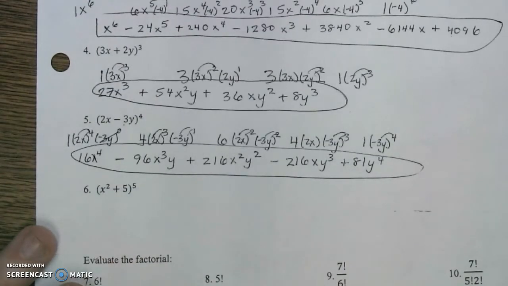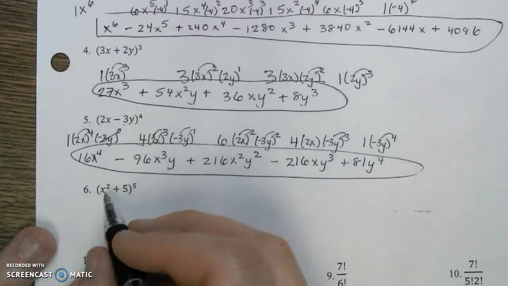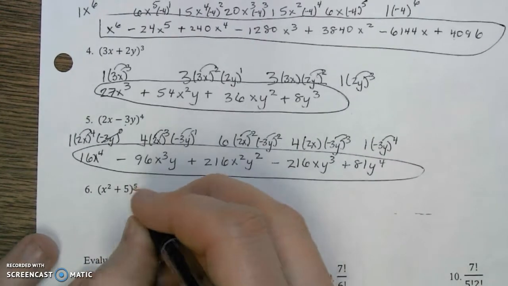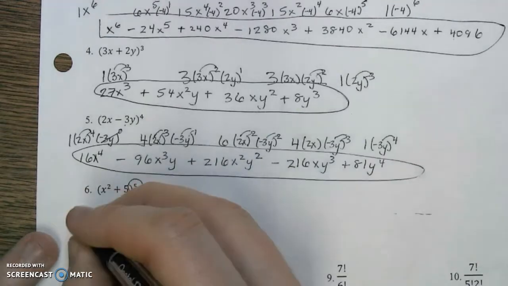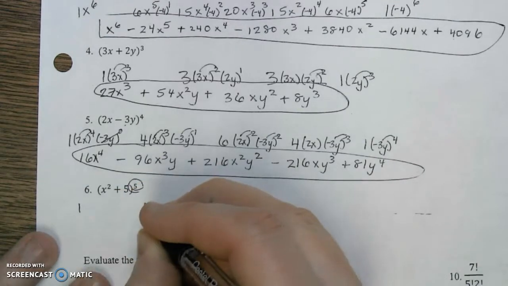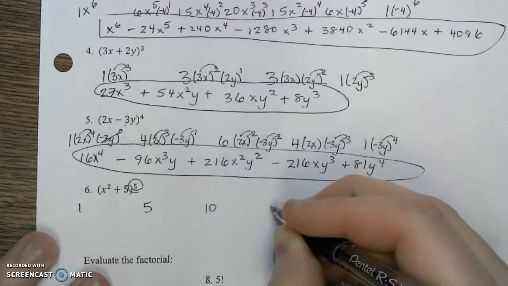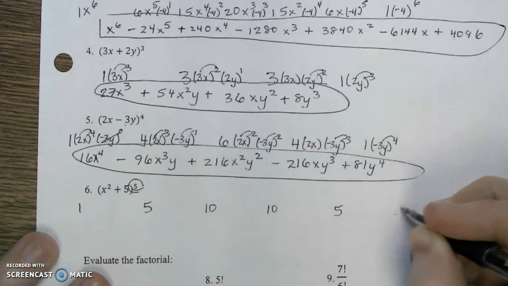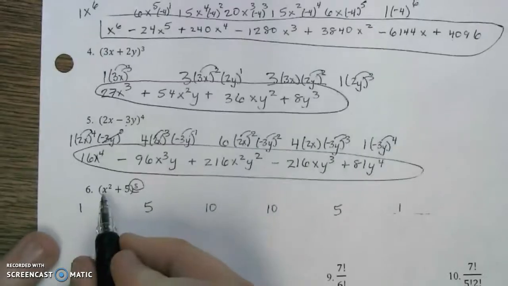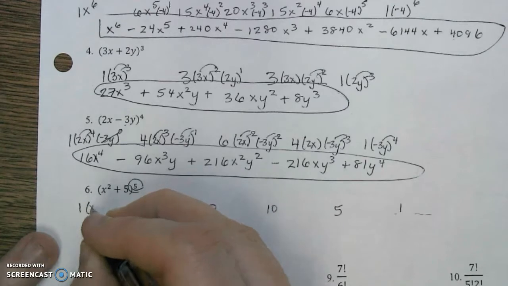And then our last expansion problem, I've got x squared plus 5 to the fifth. So 5 tells me to look at the fifth row. We're going to have x squared counting down.